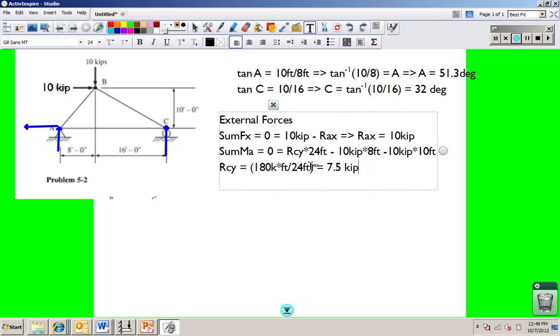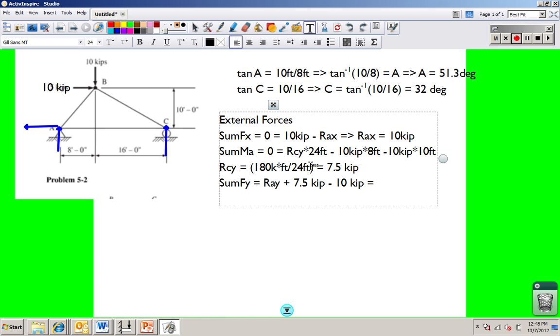Okay, so the only thing we need now is our AY, and so we'll do sum of the forces Y. They're going to be equal to our AY plus 7.5 kips minus, the only external Y force is a 10 kip force, minus 10 kips.